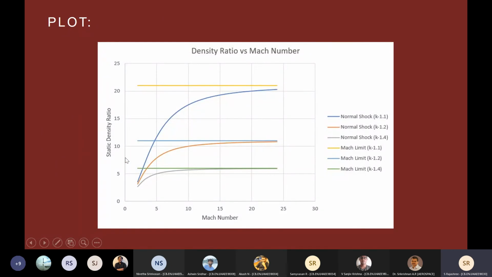If we look at the shock tables, you can see that as the Mach number increases, the static density ratio increases. But here, for a given Mach number of 10, there's a higher static density ratio for a lower gamma value, which means we can say that the effect of the shock is more pronounced for a lower value of gamma, which is another observation that we can make.